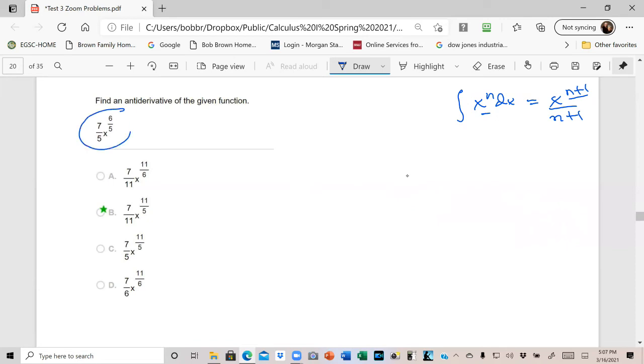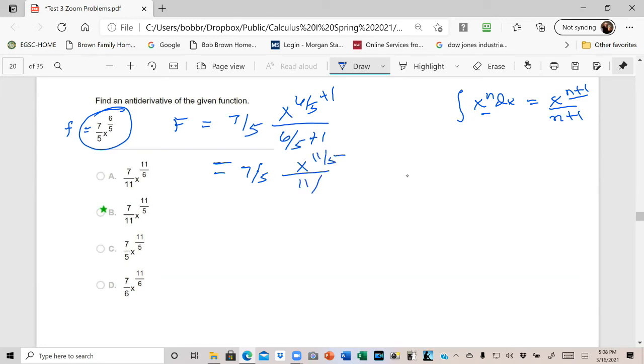So the antiderivative of this, in fact, if say f is this, then the antiderivative capital F is going to be 7/5 x to the 6/5 plus 1 divided by 6/5 plus 1, is equal to 7/5 x to the 11/5 divided by 11/5.